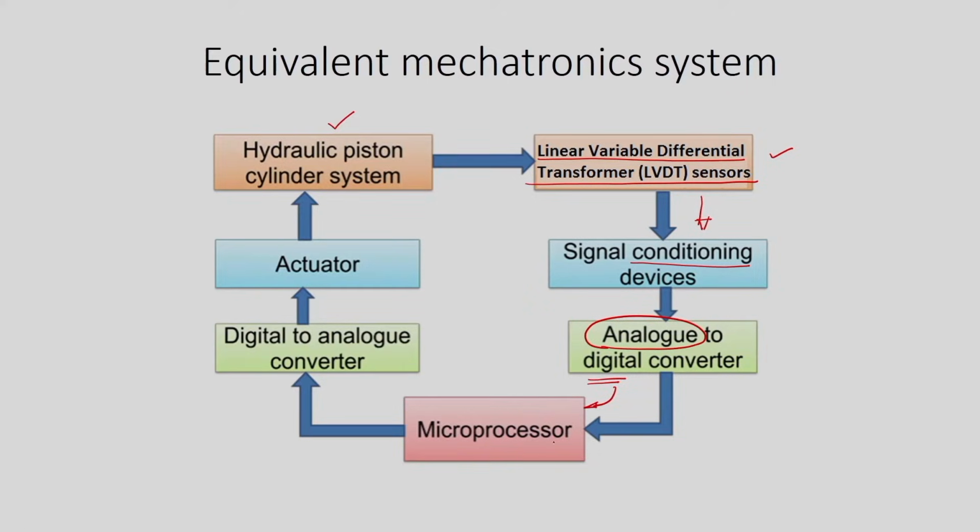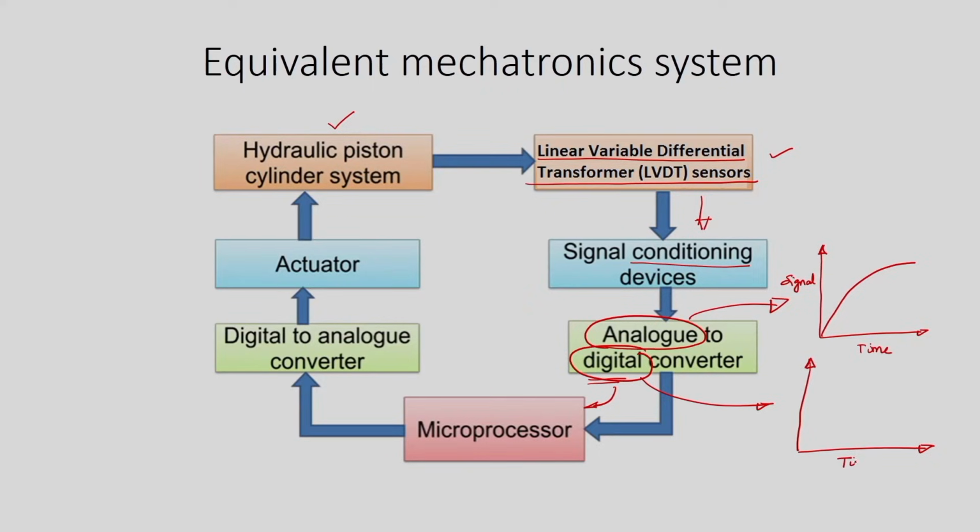As you know, the microprocessor understands the digital form of the signal. So, what is the meaning of analog form of the signal? In analog form, the signal is a continuous function of time. However, in digital form, the signals are nothing but a sequence of pulses.